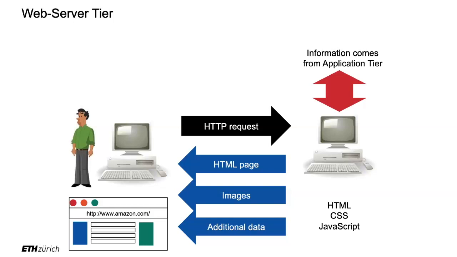First, an HTML page. That's what's going to appear in your browser window. Then the images, because the images also need to be served separately. Of course, they just appear on the web page, but actually they are sent over separately from the actual HTML page. And then some additional data: CSS for the page to look good.